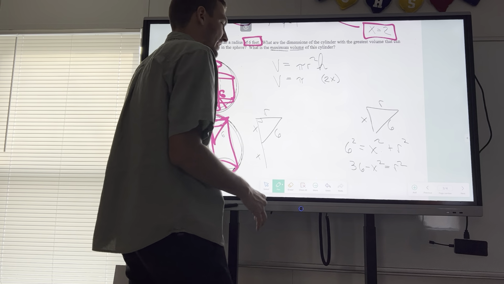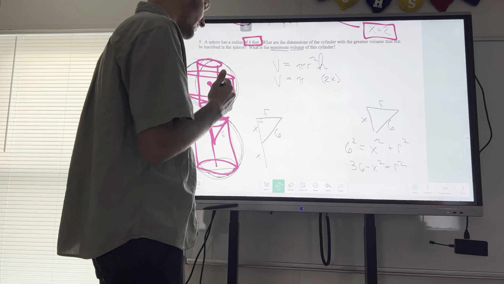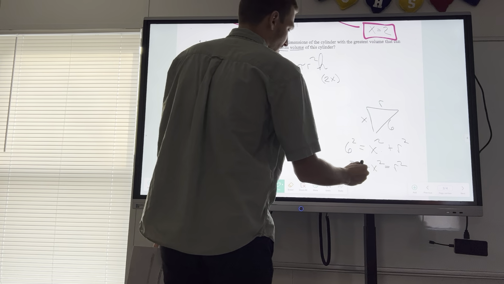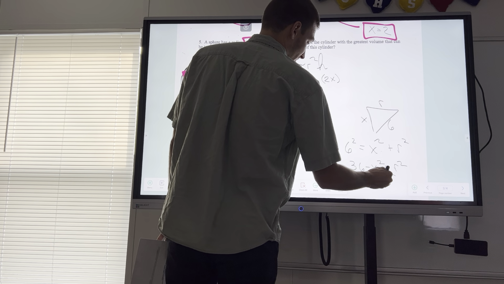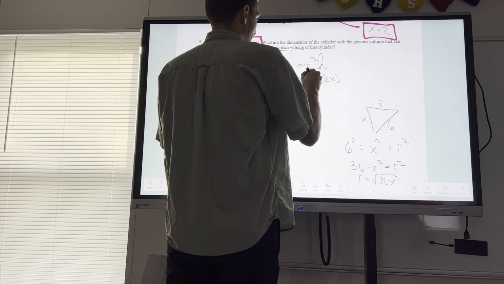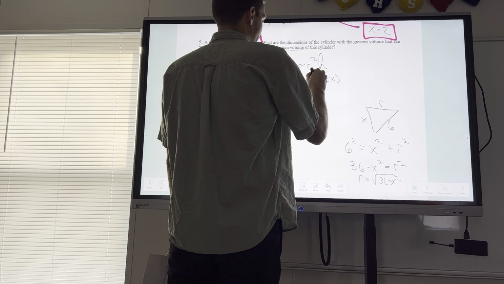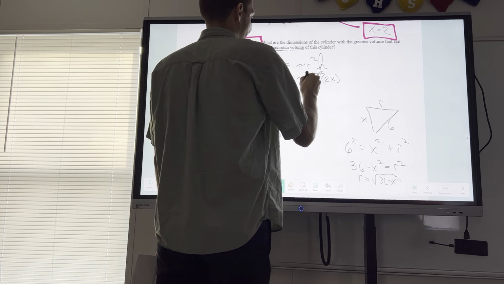Square root both sides. Okay, a little gross, but we've made progress here. R can be expressed as the square root of 36 minus x squared.